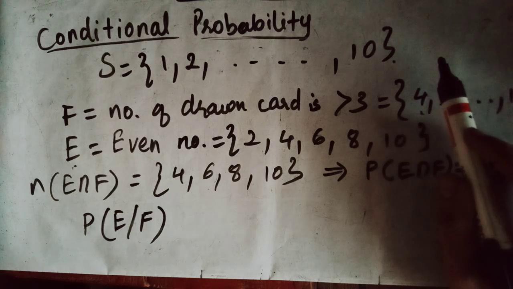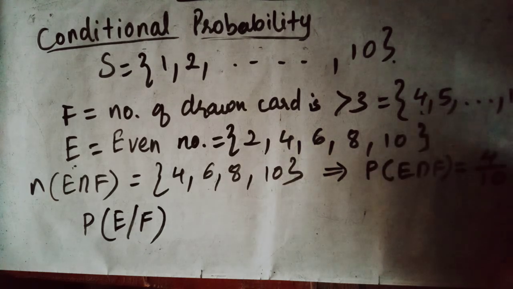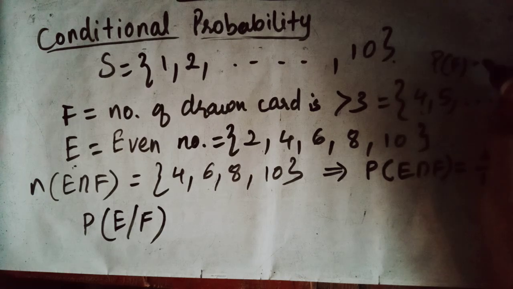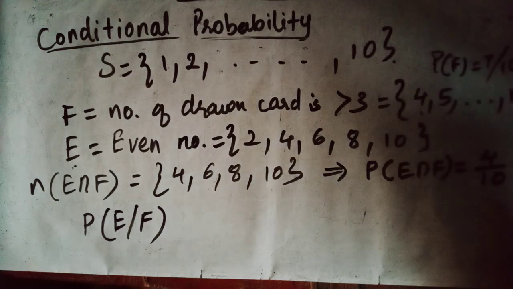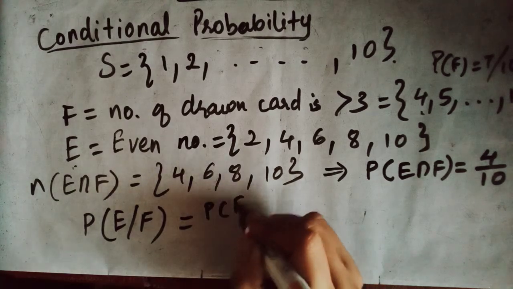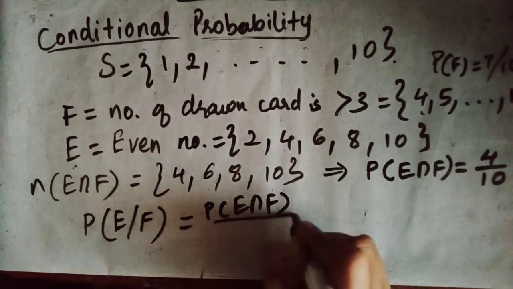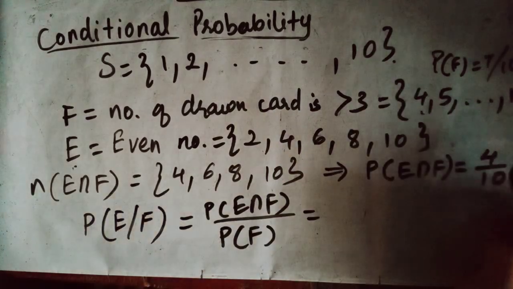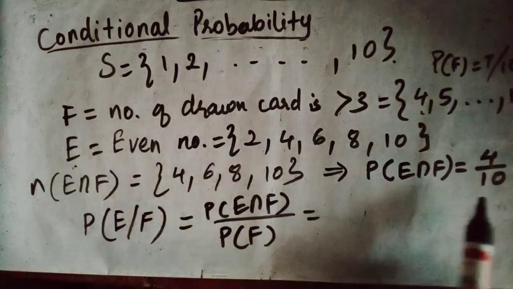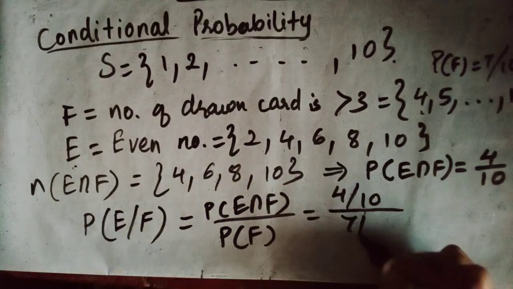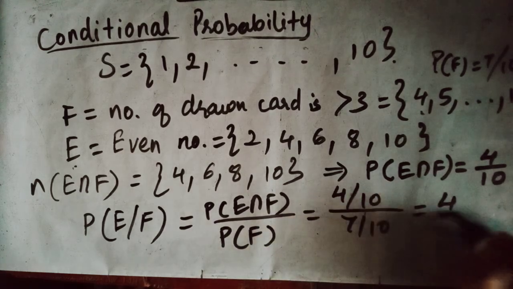Now 1, 2, 3. Okay, so 7 are there. So the probability of F is 7 upon 10. Okay, so write probability of E intersection F upon probability of F. So E intersection F is 4 upon 10 upon 7 upon 10. So the answer is 4 by 7.